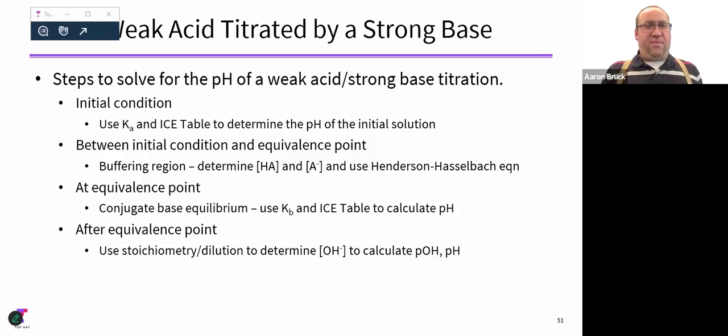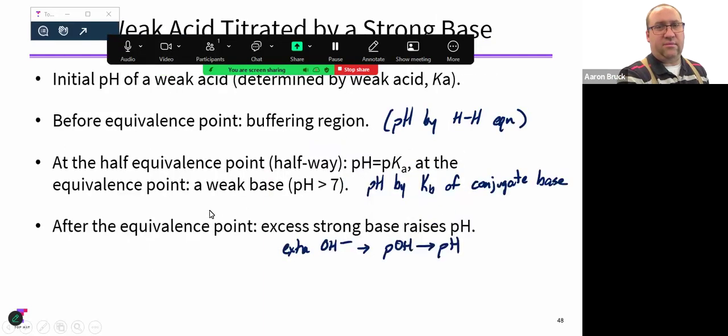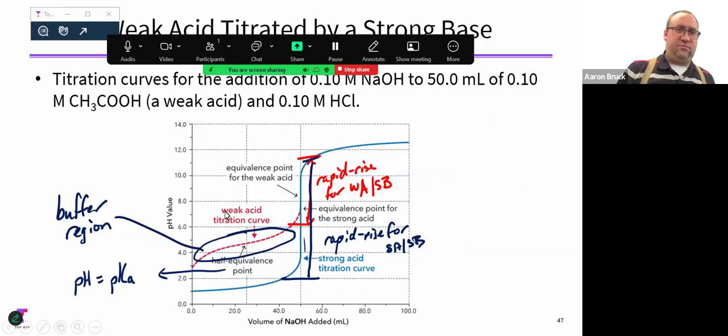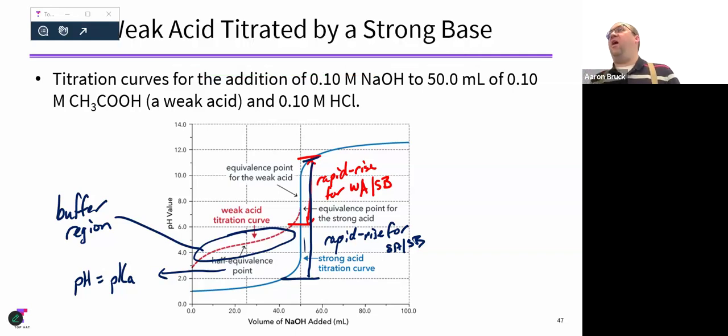And we brought up the ideas of what a weak acid titration looks like. For those of you that were in lab yesterday, you saw firsthand what that looked like graphically when we did it experimentally, and the differences between the strong acid curves and the weak acid curves.